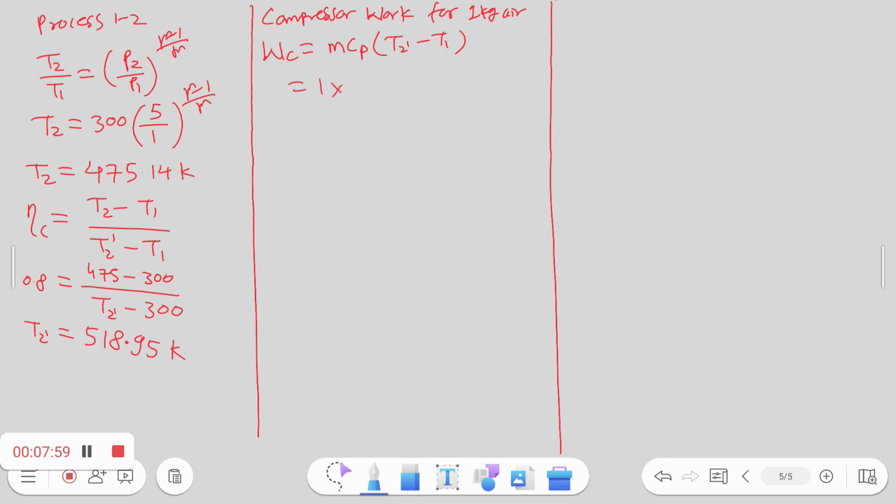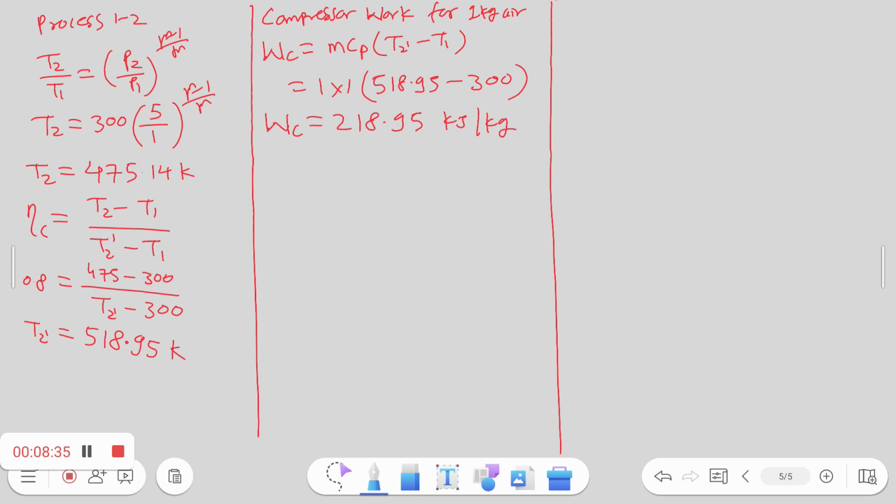So m is 1, Cp is also 1, T2 dash 518.95 minus 300. The work of the compressor is equal to how much? 218.95, right?